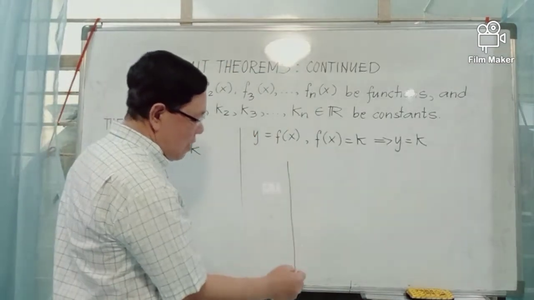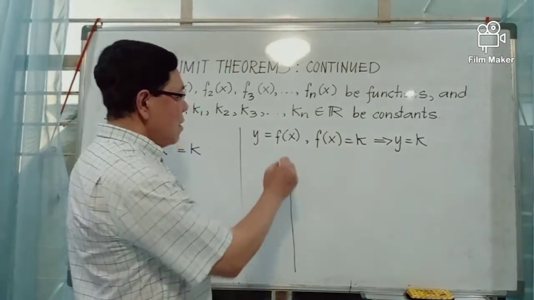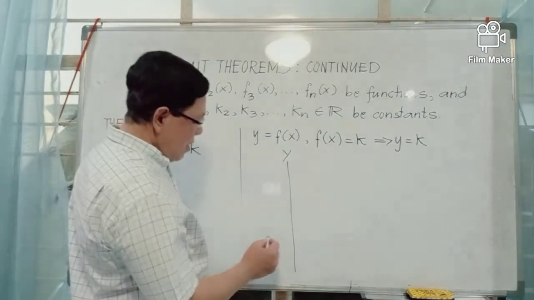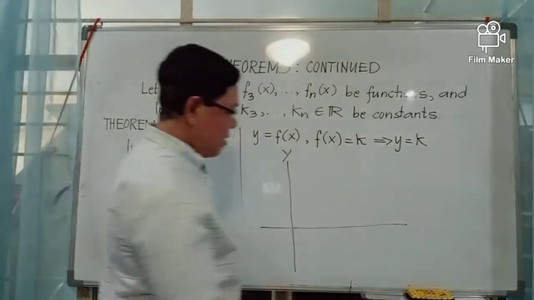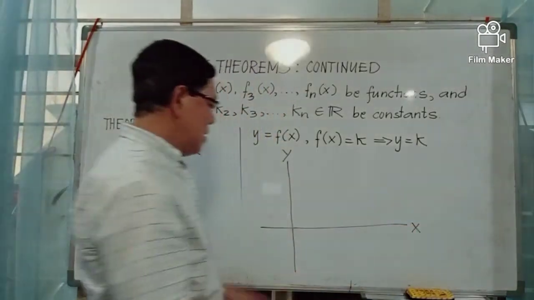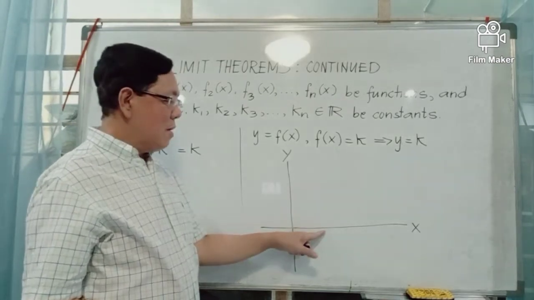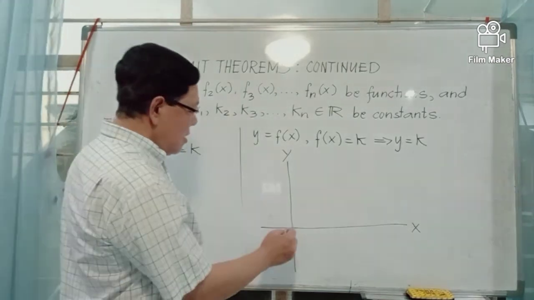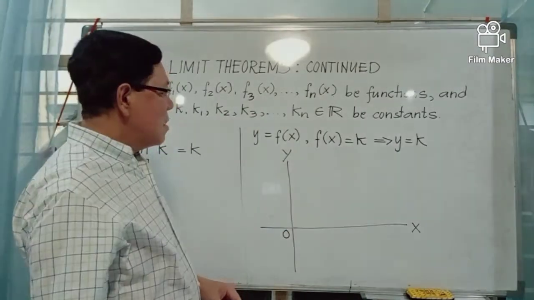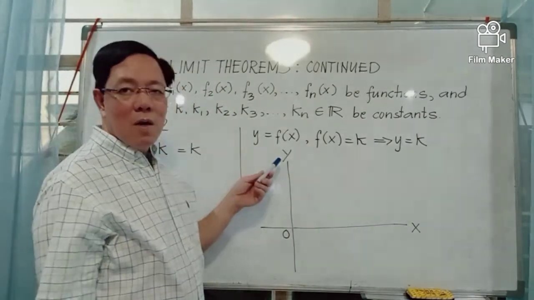We can sketch the graph of this constant function in the Cartesian plane, where we write y, the dependent variable, in the vertical axis, and we write the independent variable x in the horizontal axis, and the point at the intersection of the horizontal and the vertical axis is denoted by point 0, or the origin. Now the constant k here can be any number in the y-axis.